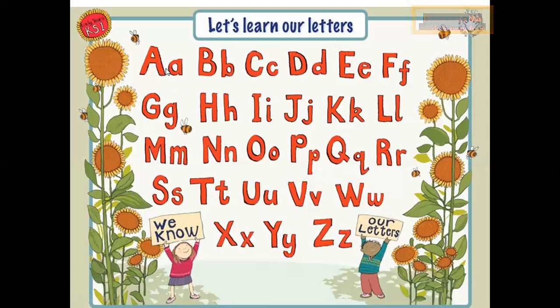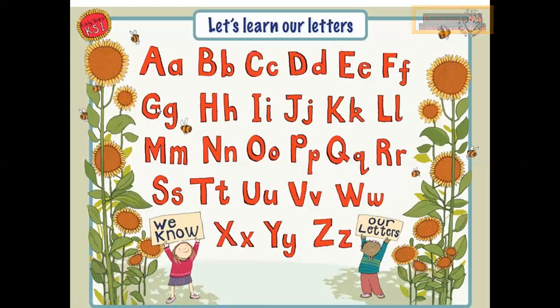Now, after A, B, C, D, E, F, the next letter is G. This one is the big G and this one is the small g. G is for grapes, gorilla.